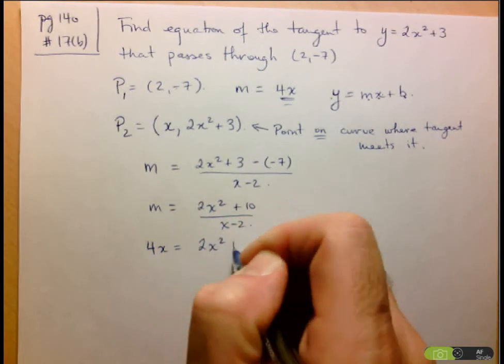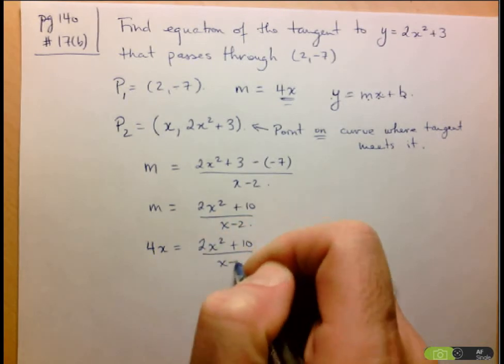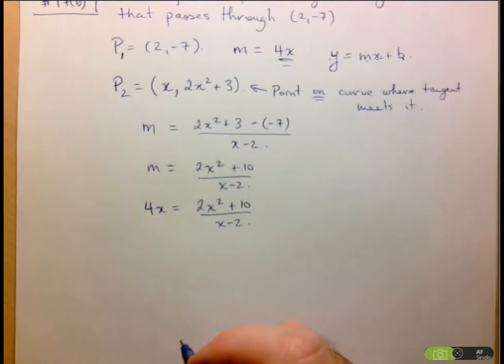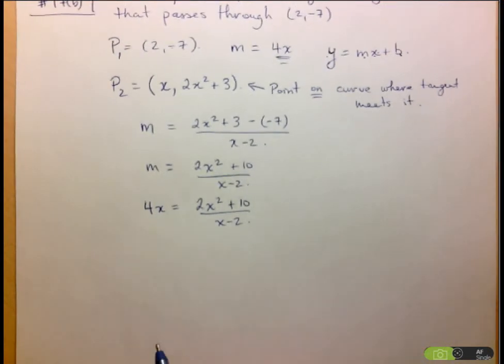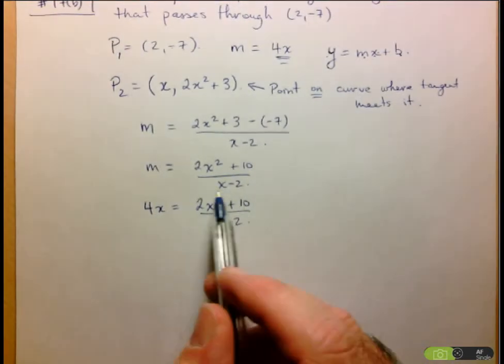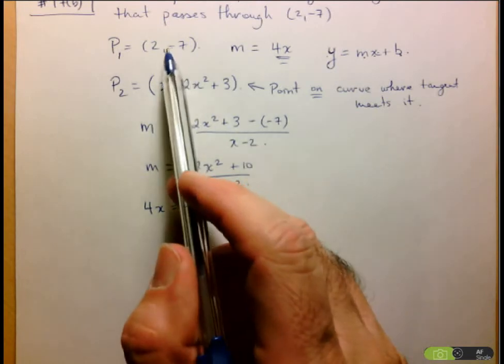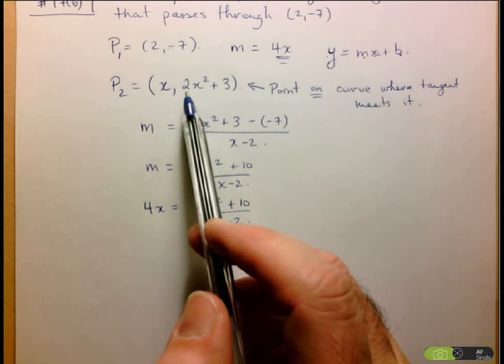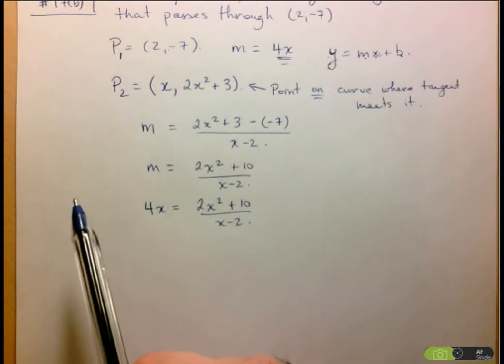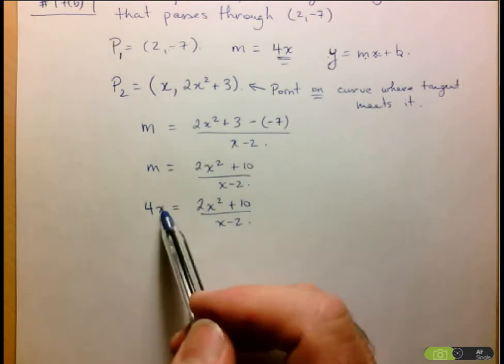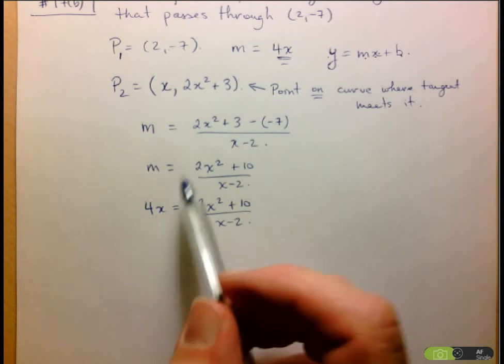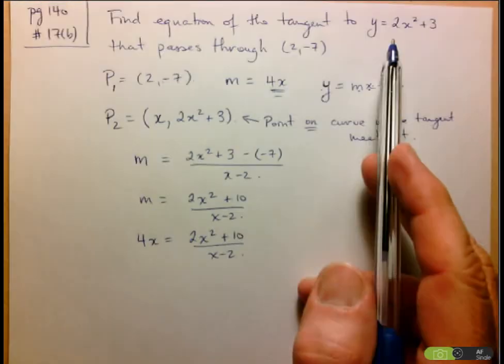What we've managed to do here is to create an equation that has only one unknown. The right-hand side we got by using the slope formula, using the given point and this point on the curve, which is also on the tangent. Then we got the slope itself by finding the derivative of this function.